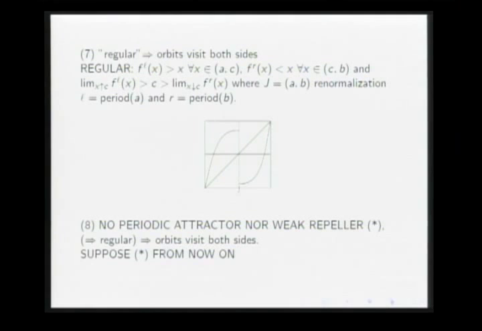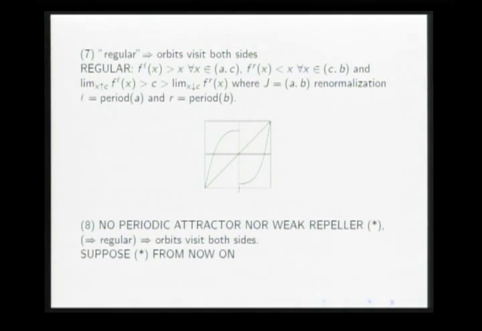So now we will consider working only with regular maps, that are maps with orbits that visit both sides. Okay, it's not like something that would cross here, but it has to be. It's defined this way: FL of x greater than x.